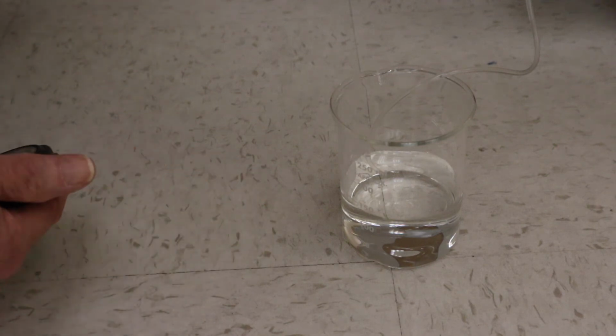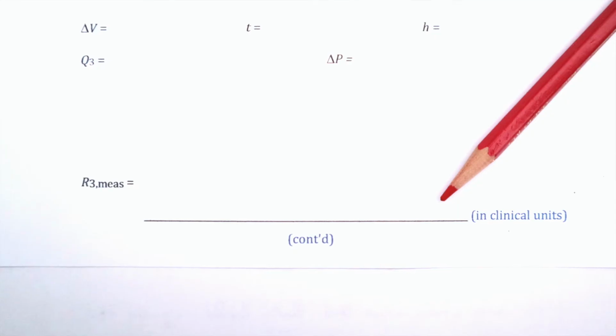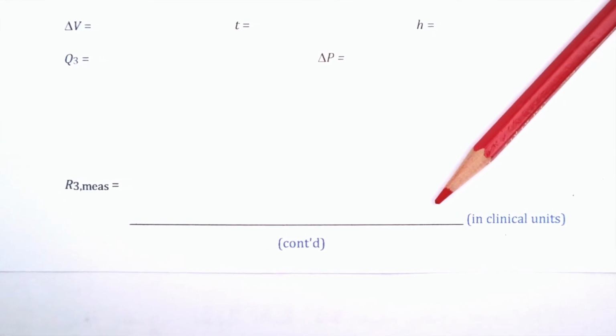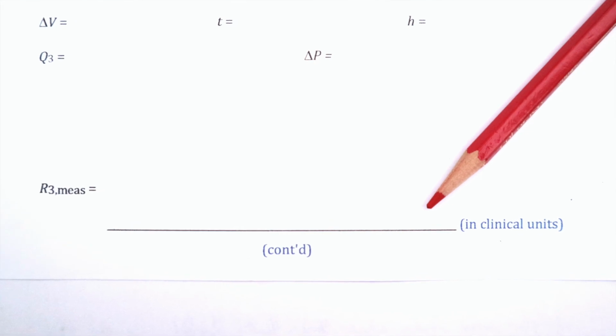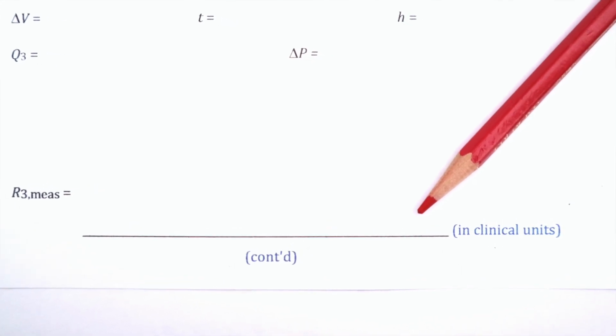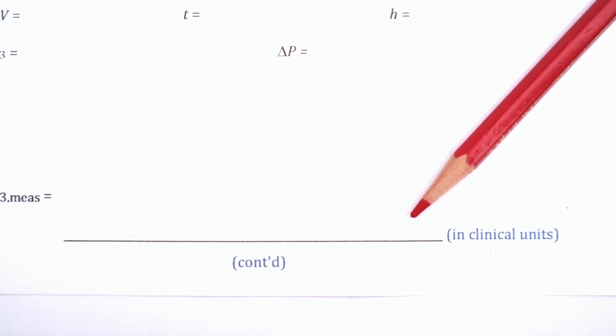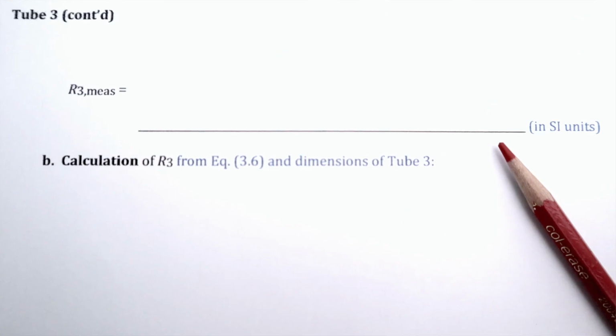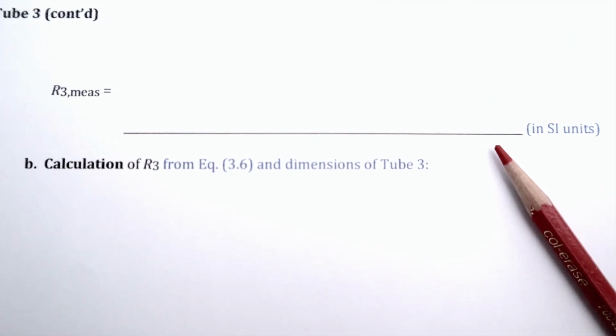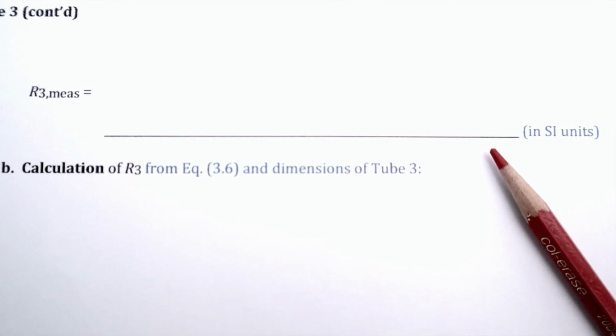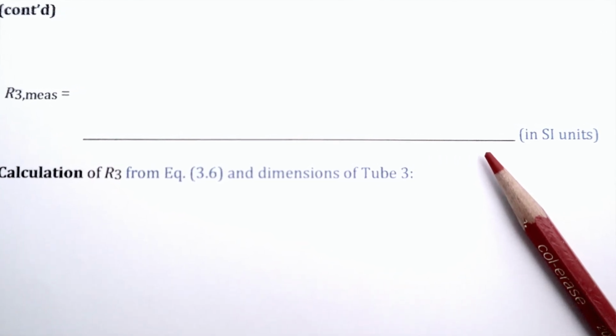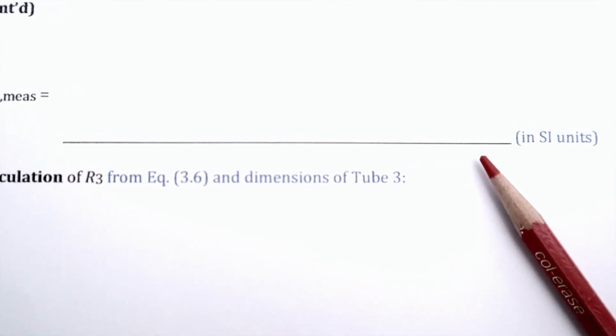Please mark that down, and then use that to calculate the fluid resistance of tube number 3 in clinical units. But we're going to need different units for the next step. So convert those clinical units of resistance to SI units of resistance and mark that down on the appropriate spot on the worksheet.